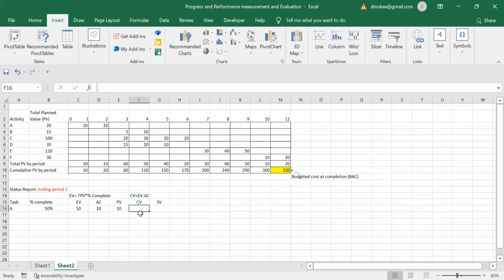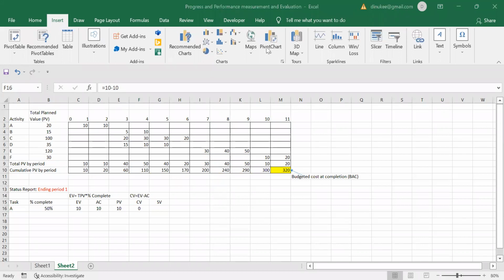The earned value for this status report at ending period 1 is 10. From that 10, you have to deduct the actual cost. I have told you to assume the actual cost; in the examination paper, I might give you the actual cost. The actual cost is 10 here, so the cost variance is 0.